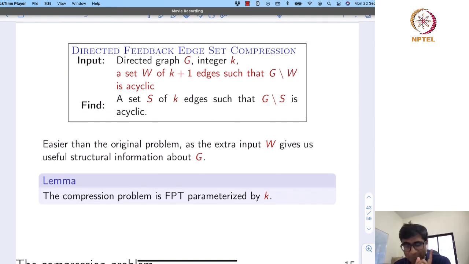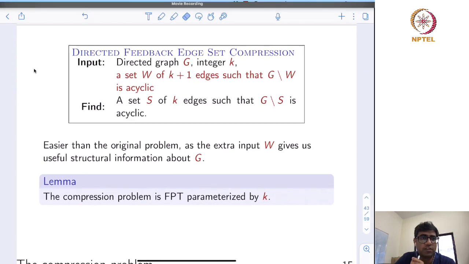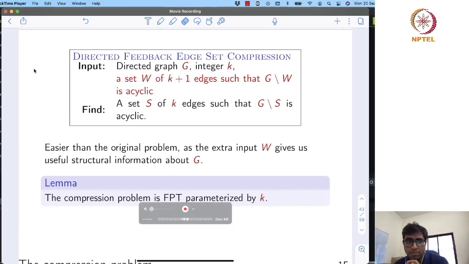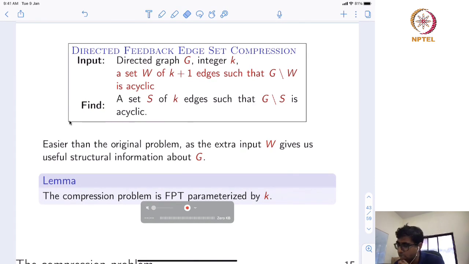So let's reread the problem. You are given a set W of k plus 1 edges, G minus W is acyclic, and a set S of k edges, G minus S is acyclic. The moment we are able to solve this problem, we will be able to solve directed feedback arc set. Now you may ask, where are you getting these k plus 1 edges from?